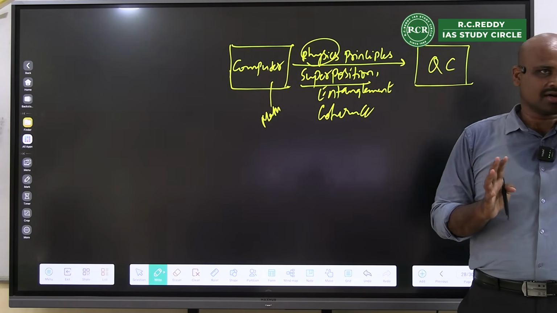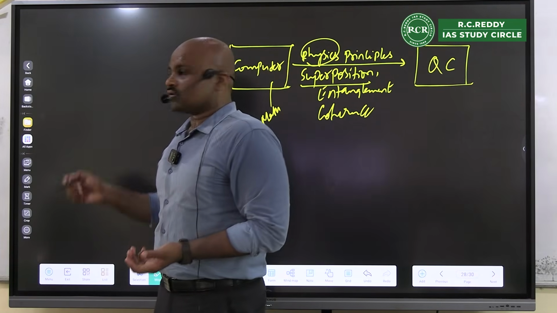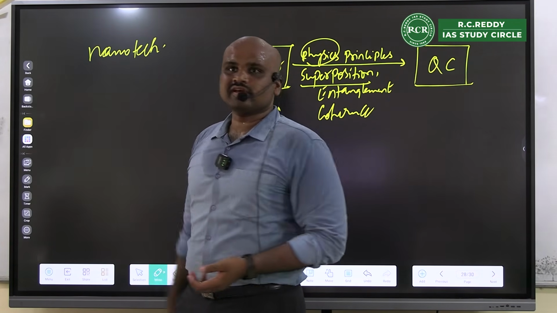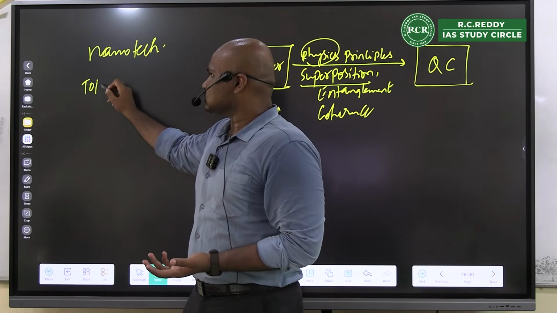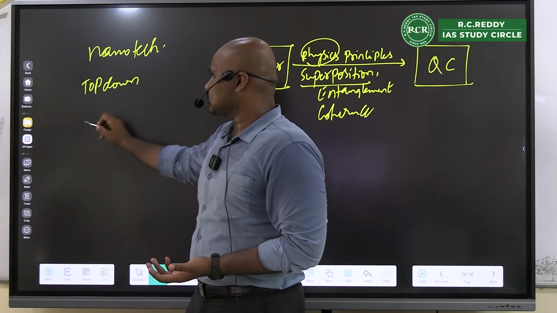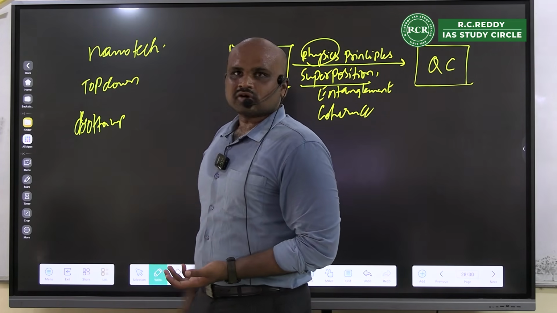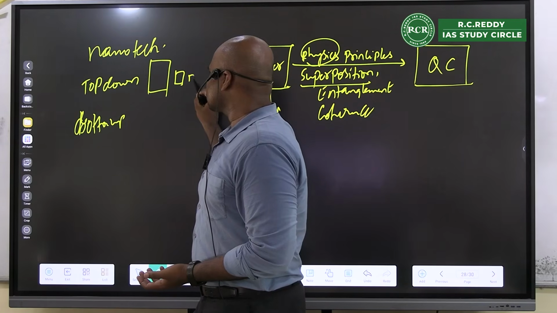Ardhamainda? Are you understanding? Now for suppose if I am showing some nanotech. Now whenever I am writing on nanotech, I know there are different ways of making nanomaterials. One is something called top down, the other one is bottom up. Top down ante breaking a bigger thing into smaller.